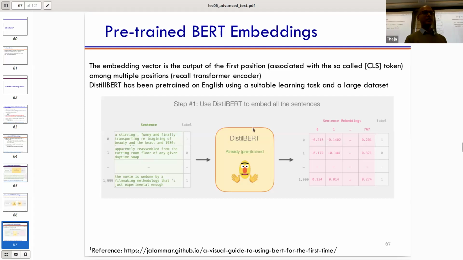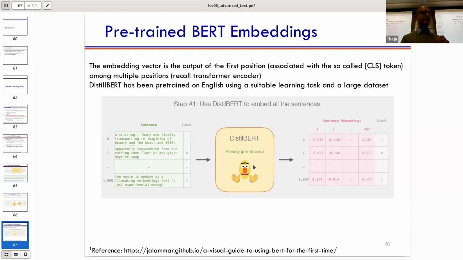The DistilBERT model is essentially a bunch of encoder units only, so there's no decoding. Since it's a bunch of encoder layers, one of the tokens we pass, the CLS token, has an embedding which we'll use for downstream classification.